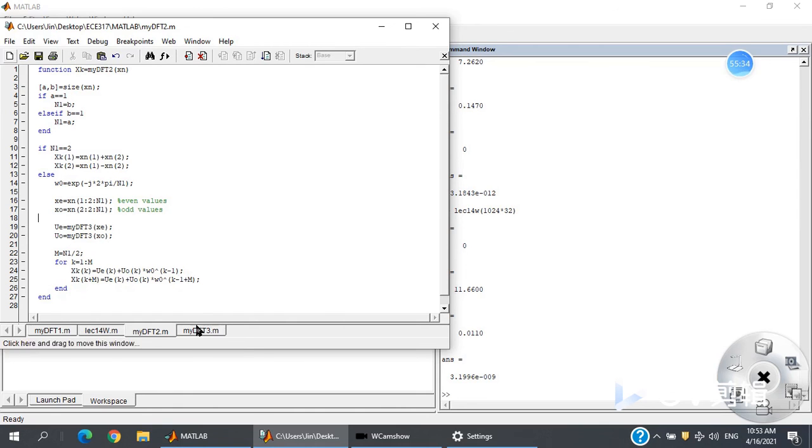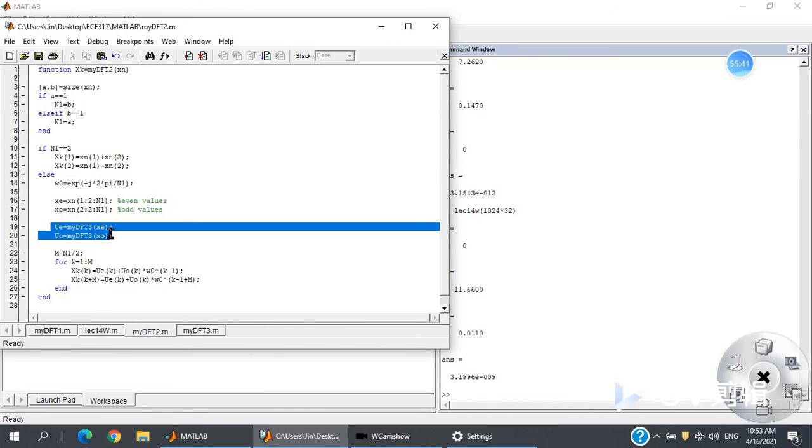And in MATLAB's FFT, it is just one function. The idea is the same, but it combines everything in just one program. You do not need several functions calling another function. They combine everything together, so it runs faster.